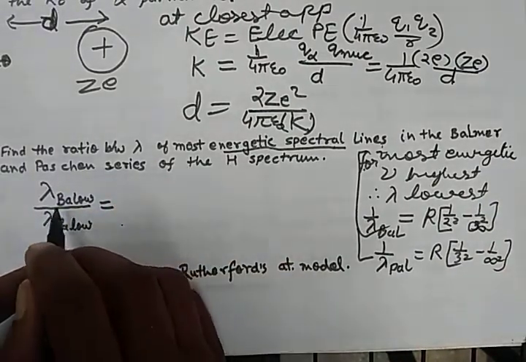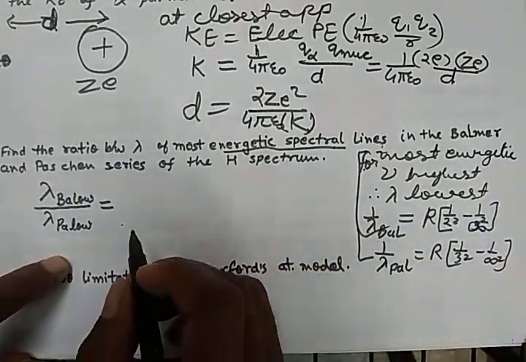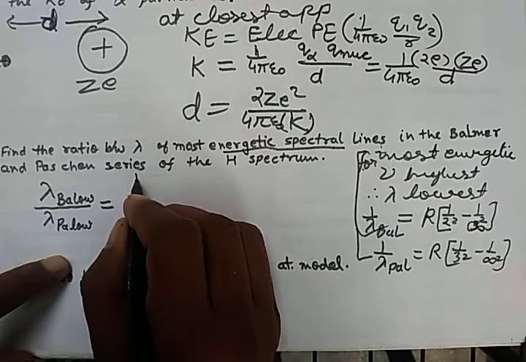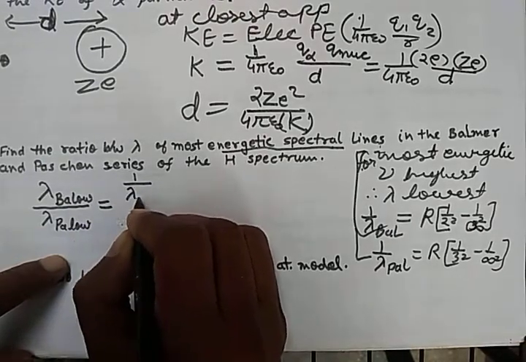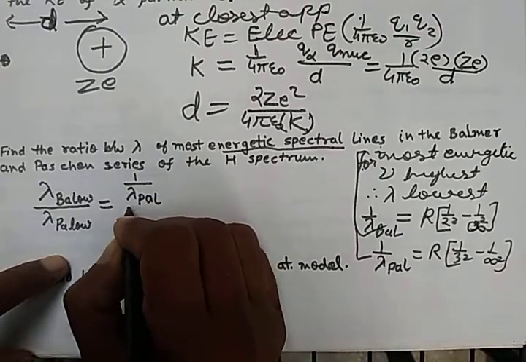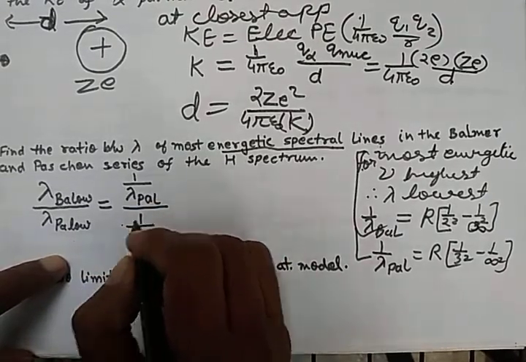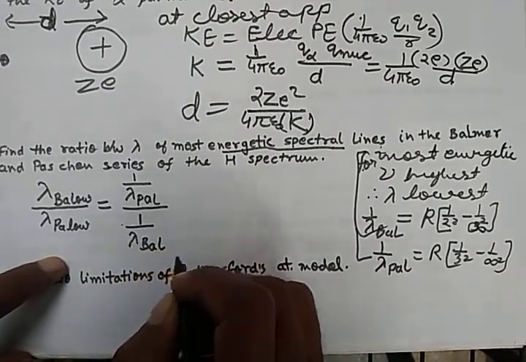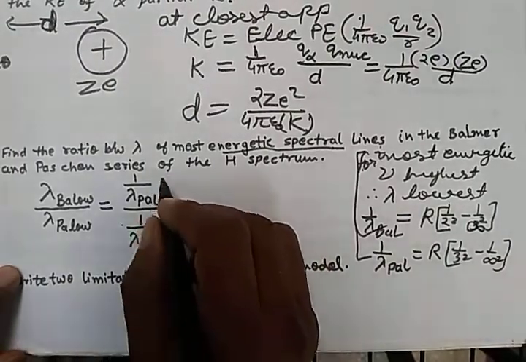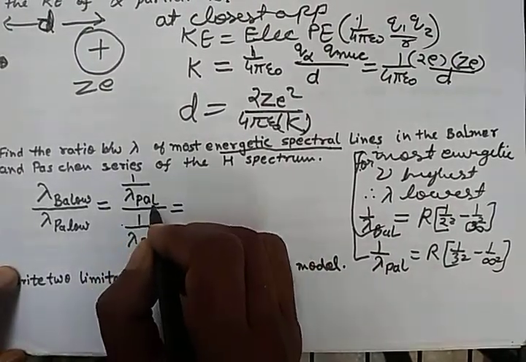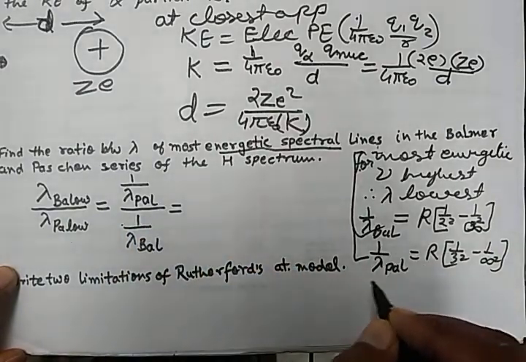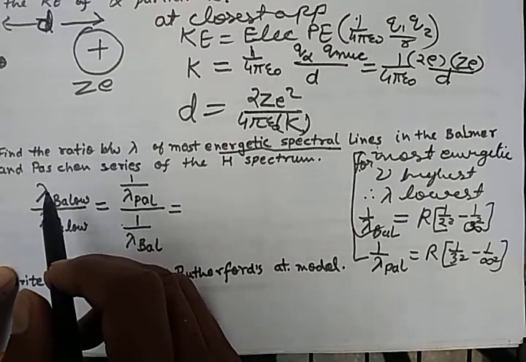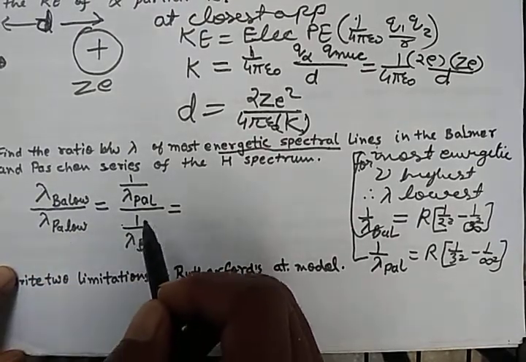So okay, lambda, what else can I do? Just be careful what I am writing. Okay, Paschen lowest. So Paschen lowest, that is why I did this. I put it in the denominator. If you solve this, you will get this.